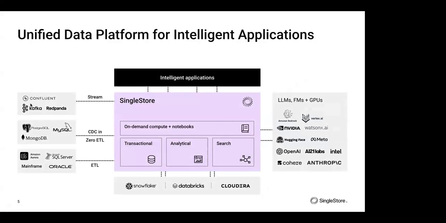Streaming systems like Confluent, Kafka, Redpanda, and file systems like S3, Azure Storage, and GCS. So you can bring data from all these sources, operate on it, run analytical queries, search queries, or even do point reads and writes in high volumes, powering your transactional apps.